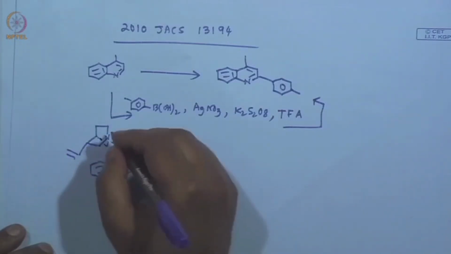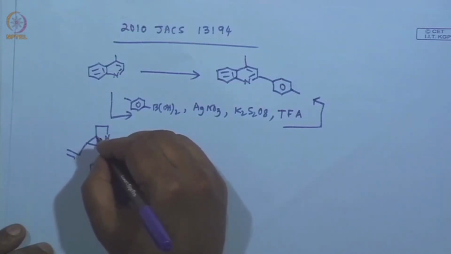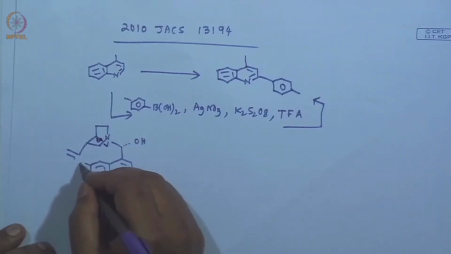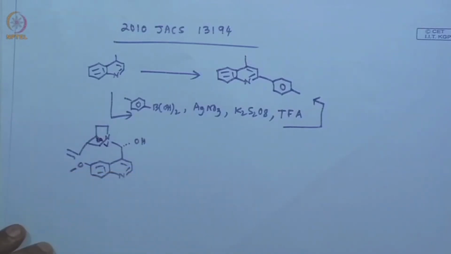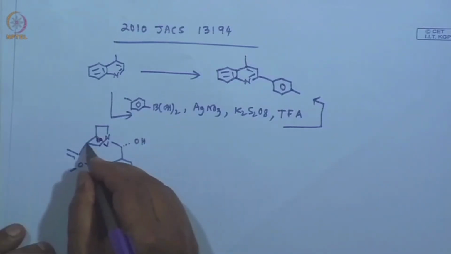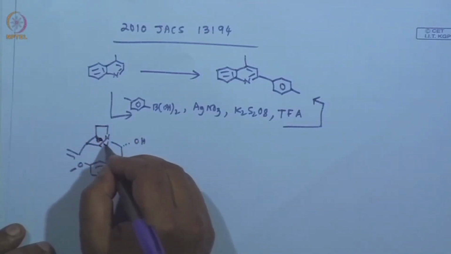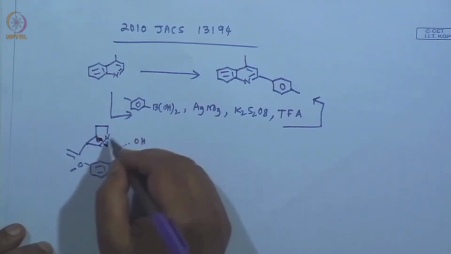Can you guess? Actually, there are 2 carbons here, right? 2 carbons, a 1-aza-bicyclooctane. You have oxygen up here. This is 2 carbons, this is 2 carbons here and here, and this is 1 nitrogen.